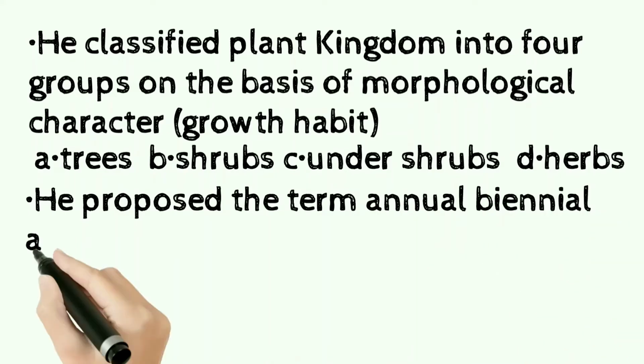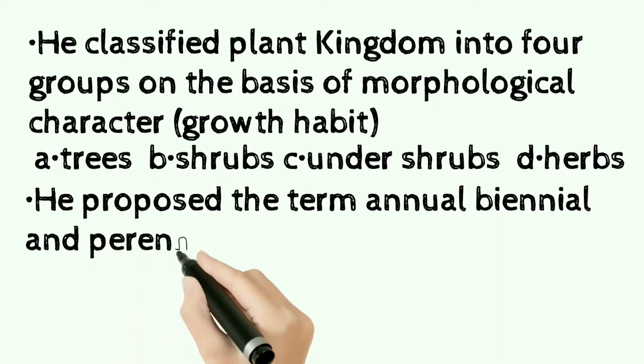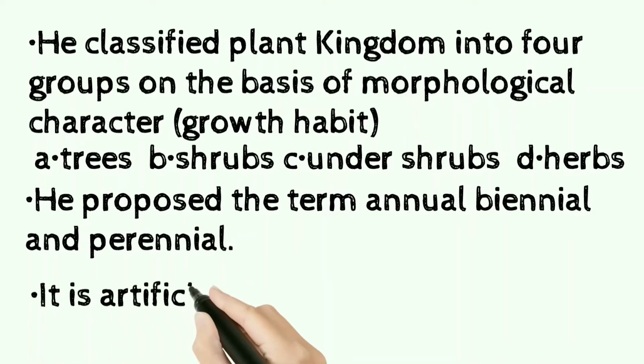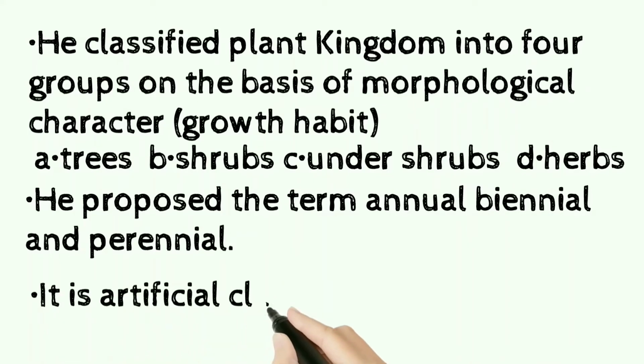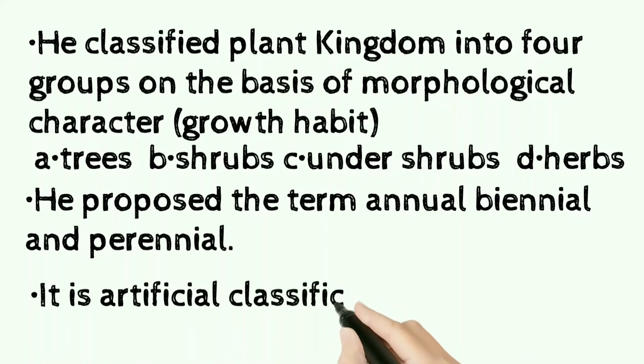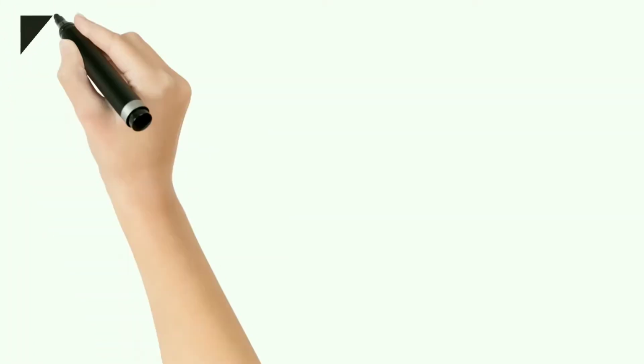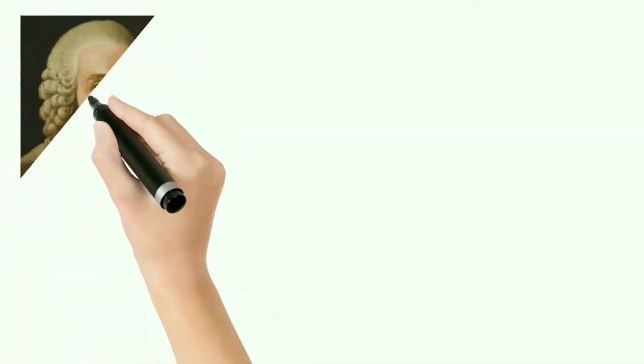We will understand annual, biennial, and perennial. Annual completes its life cycle from germination to the production of seeds within one growing season. Biennial is a flowering plant that takes 2 years, and perennial is simply a plant that lives more than 2 years.